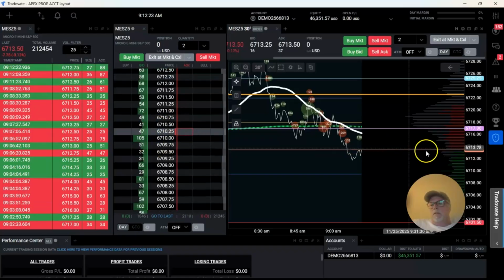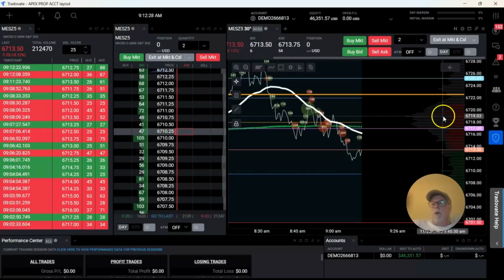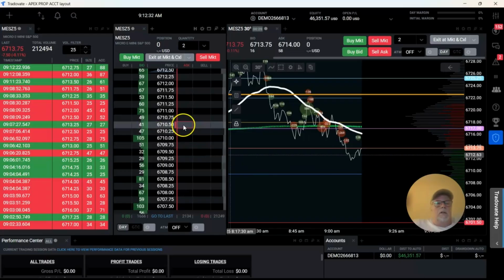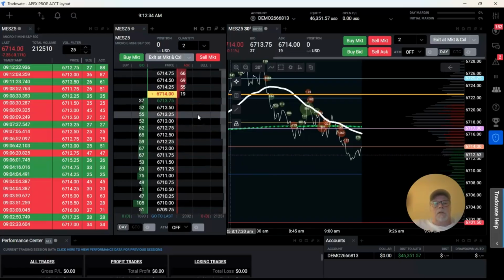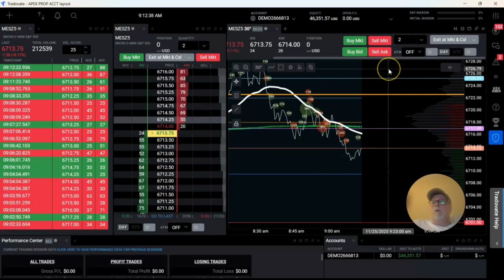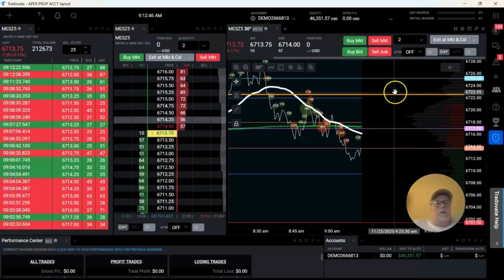Got some buyers at 710. That's them right there. Probably market makers. A little above the market, a little below the market. That's what they do. That's the purpose of a market maker, to provide liquidity and make the market move. So that's where a lot of those big lines are.